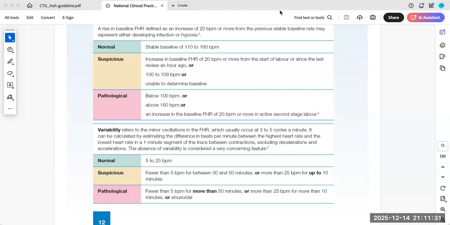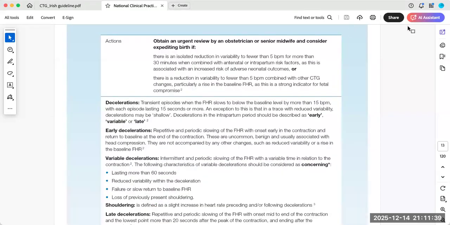How about the deceleration? Look, my friends, the deceleration is very important, so check it well. It is defined as transient episodes when the fetal heart rate slows below the baseline level by more than 15 beats per minute, with each episode lasting 15 seconds or more.